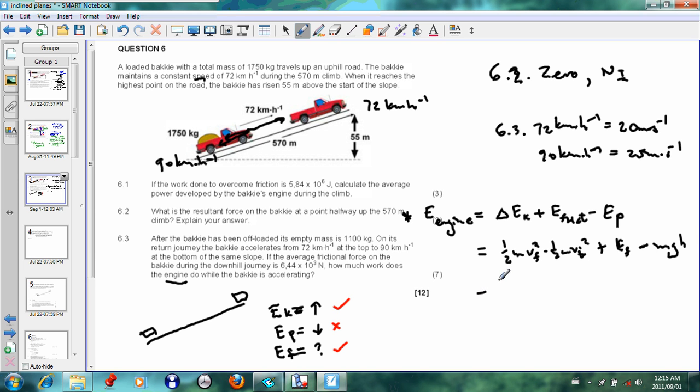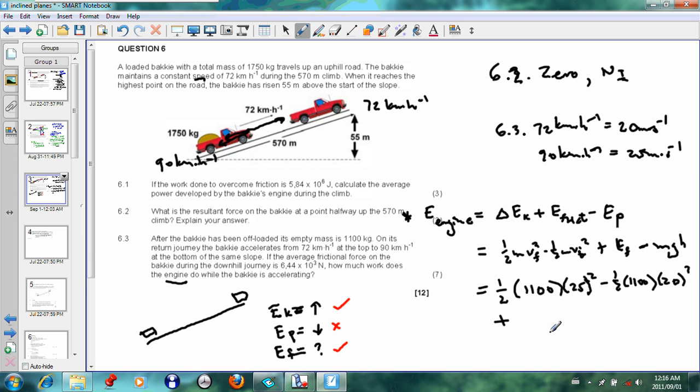This will be a half. The mass of the bucket now is no more 1750. You must be careful. It's 1100. Your final velocity is 25 squared, minus a half, 1100, 20 squared.